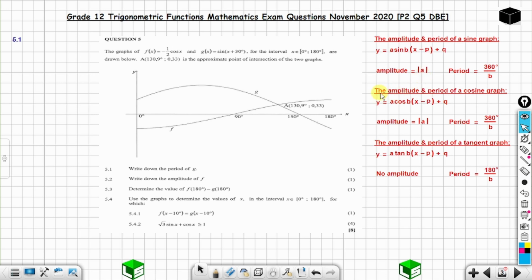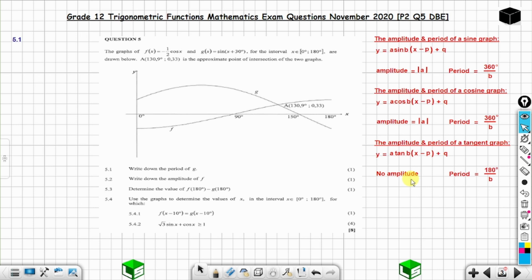The same applies for a cosine graph. For tan, you don't have an amplitude.